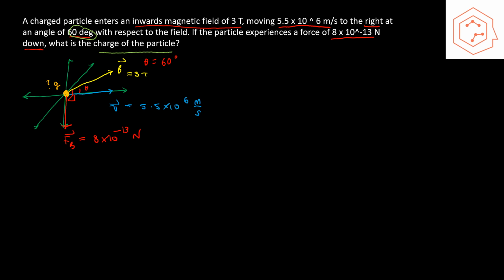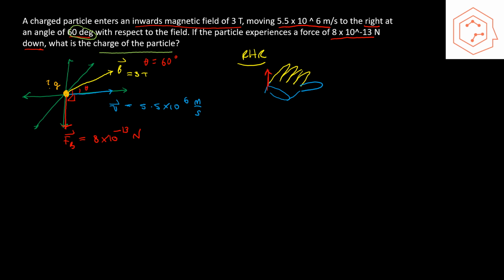The first thing I'm going to want to do is find the sign of my charge, so we'll use our right hand rule. In this case, I'll use the second right hand rule. We point our fingers in the direction of the magnetic field, and then our thumb is going to point in the direction of the velocity. In this case, my palm is going to be pointing upwards.